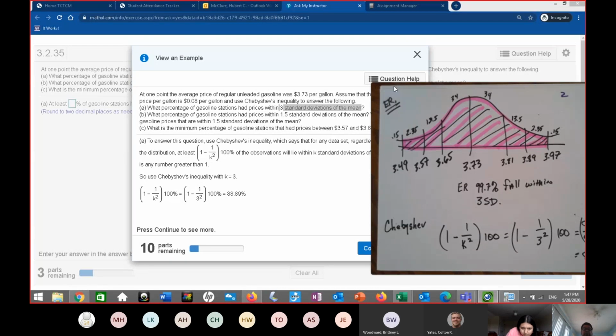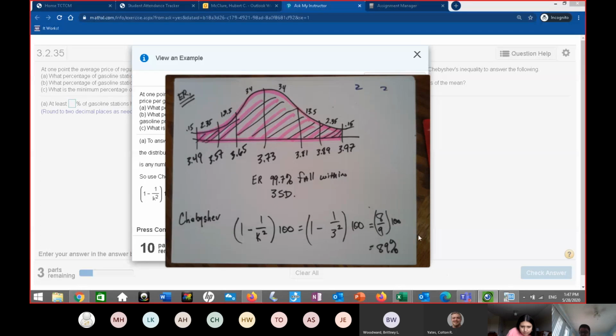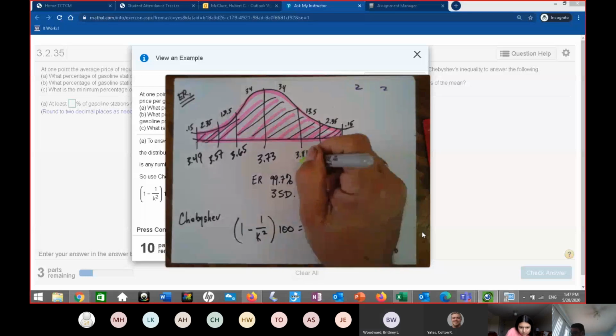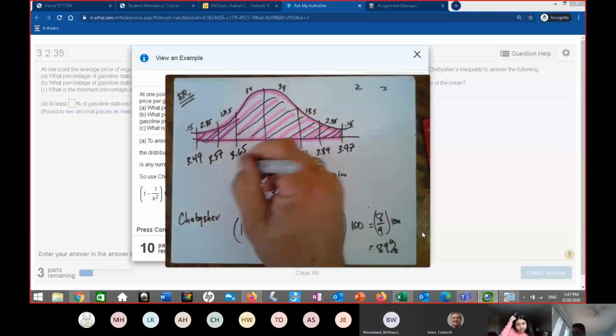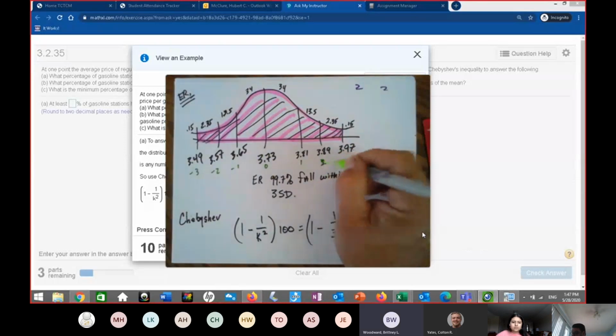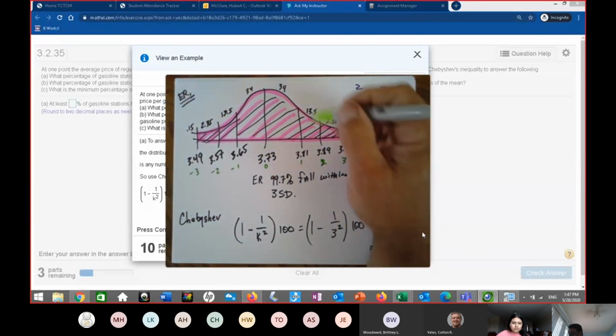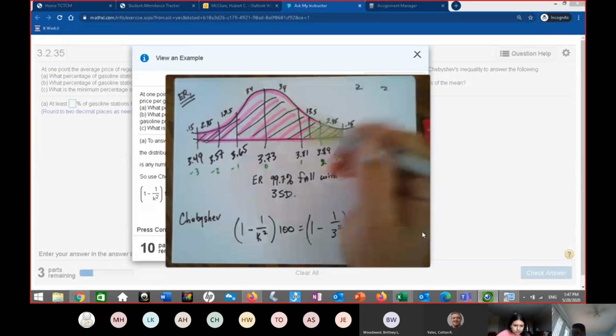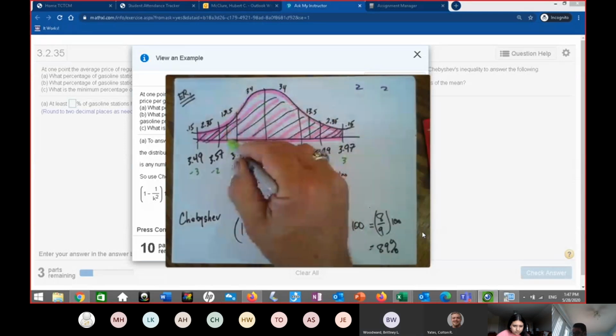Well, let's look at the empirical rule. I'm going to use the green pen again. There's 1, there's 0, there's -1, -2, -3, 2, and 3. So 1.5 would be there and there.